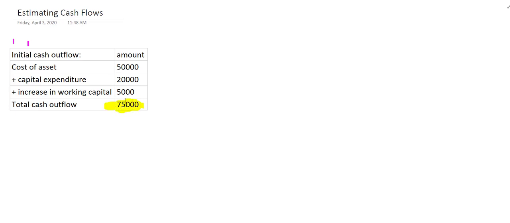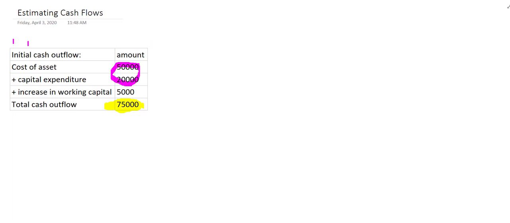So the initial cash outflow of the project is 75,000. Why? Because as per the formula, we have to calculate the cost, which was 50,000, then add capital expenditure, 20,000, and the increase in working capital, which is 5,000. So the total cash outflow was this much. But remember one thing: depreciation will be charged only on these two items, right?